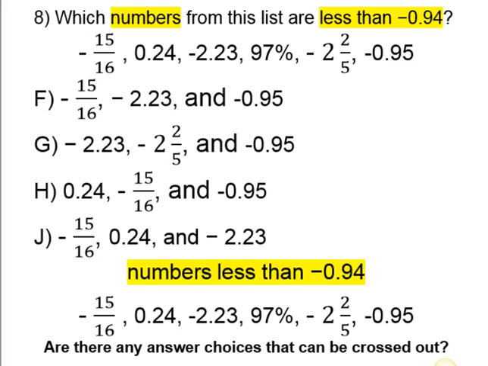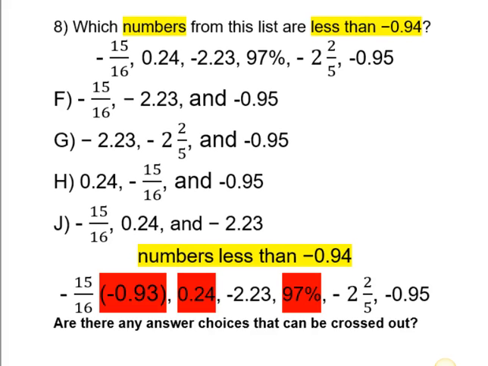So again, looking at that list of numbers, let's see if we can find any numbers that are greater than negative 0.94. And yes, we see 3. Negative 15/16 is greater than negative 0.94. So is 0.24 and also 97%. 0.24 and 97% are greater because they have a positive sign.